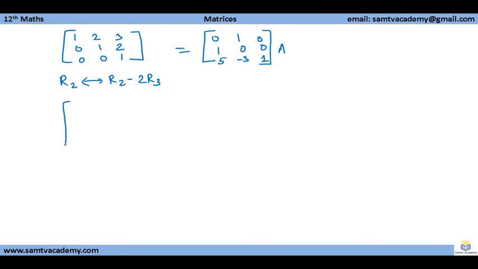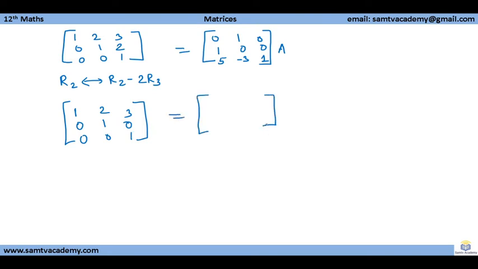So this matrix will become, first row as it is, 1 2 3, second row R2 minus 2R3. So this will be 0 only, this will be 1, and 2 minus 2 is 0. The same operation we will do on this side.